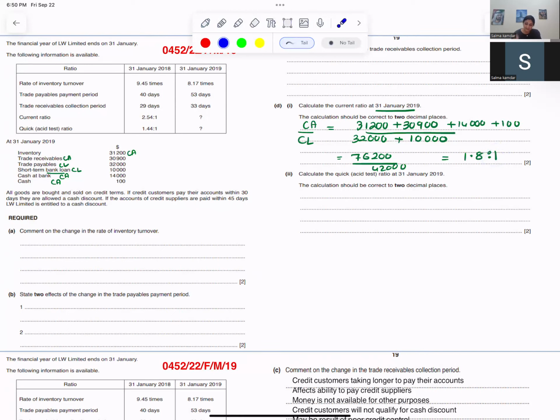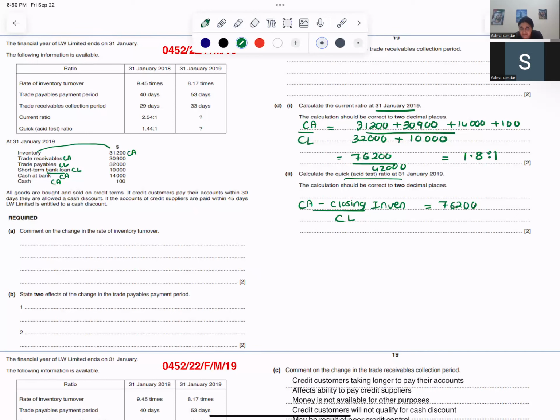Okay. Now, quick ratio. Formula for quick ratio is current assets minus closing inventory over current liabilities. So my current assets was 76,200. My closing inventory is 31,200.